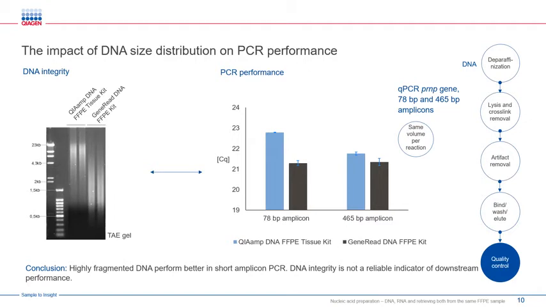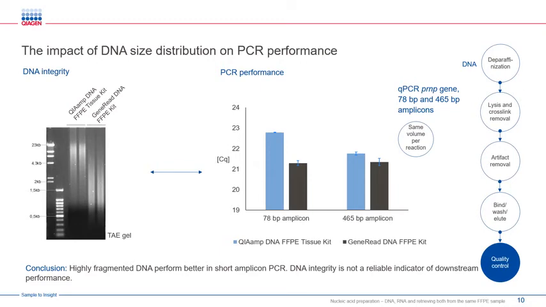But in reality, when you look at PCR performance, here again, two different length amplicons from the human prion protein gene, 78 and 465 base pair amplicon lengths respectively, you can see that the DNA isolated using the GeneRead kit gives a better CT value, even though the DNA looks less intact on the gel.